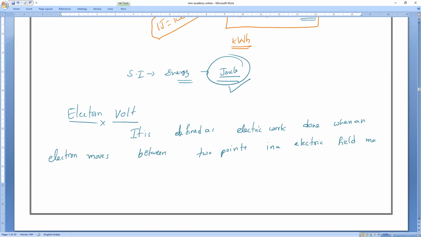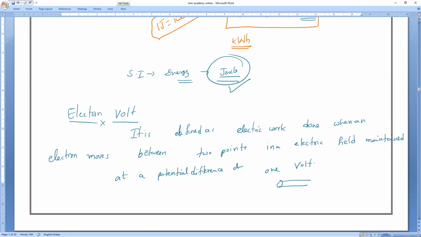In an electric field maintained at a potential difference of 1 volt. Now I'll draw a circuit also.